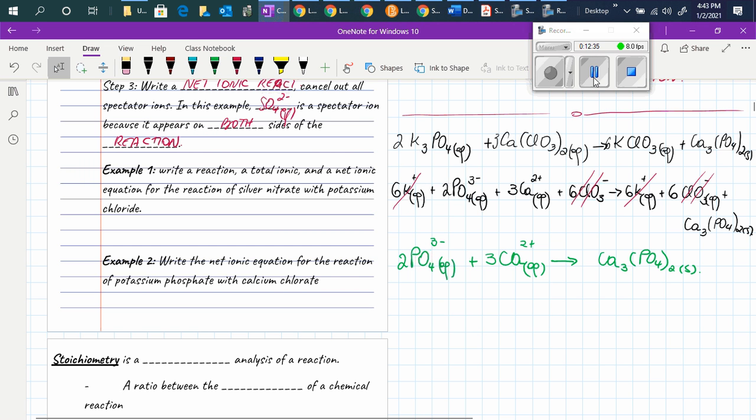You can stop the video here and work on the assignment that corresponds to the net ionic reaction, or you can continue with the video in stoichiometry and finish the assignment when the video is done.